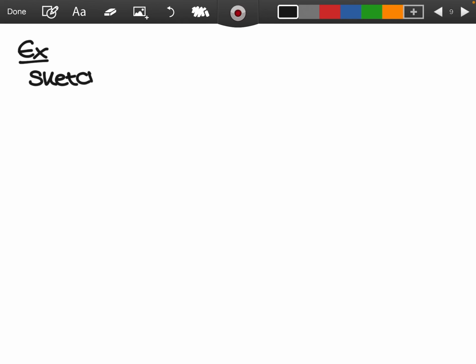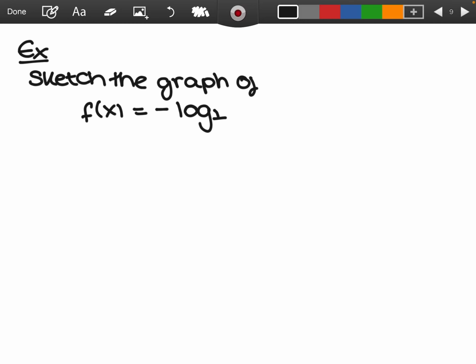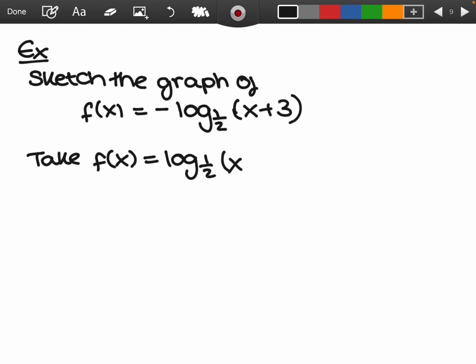Now, let's say I wanted to sketch the graph of f of x is equal to negative log base 1/2 of (x plus 3). What would this look like? Well, I'm taking the graph of log base 1/2 of x, and what am I doing to this?